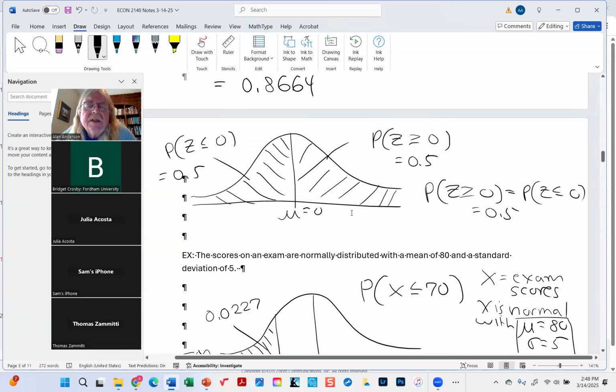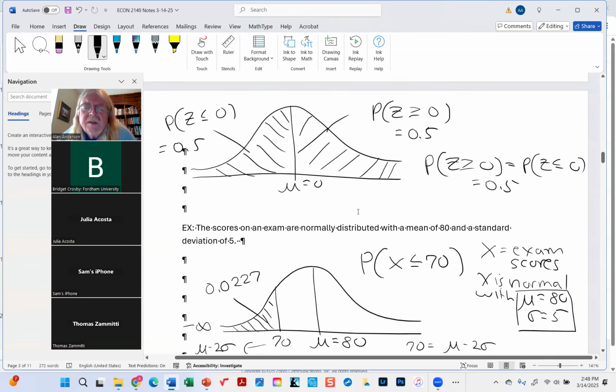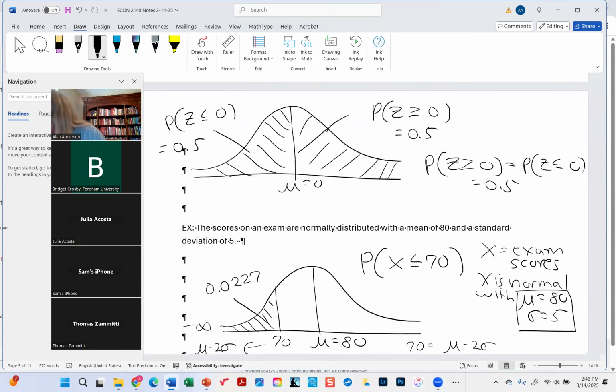And that in turn implies that the probability of being below the mean is also a half, because the two of them have to add up to 1. In fact, I'll add this right here, because that covers the entire area under the curve.